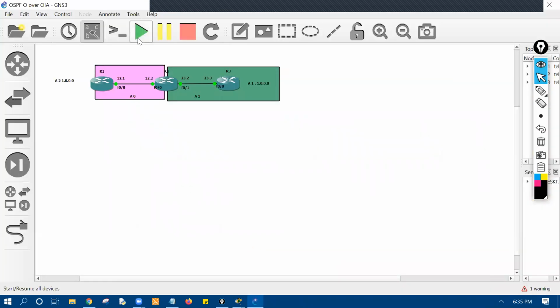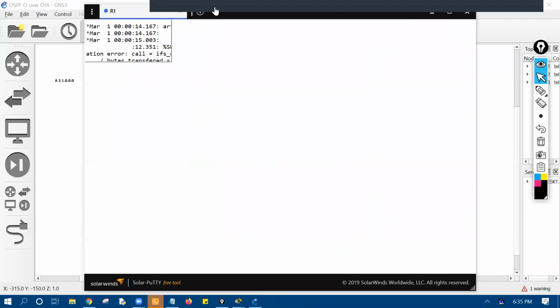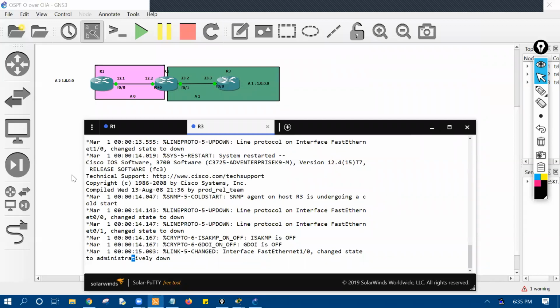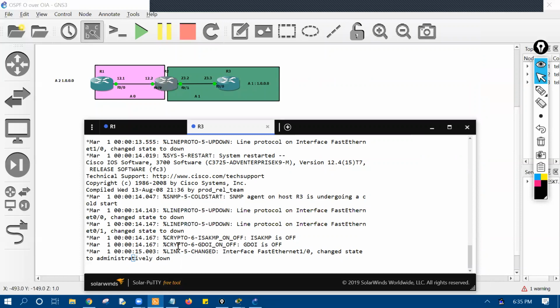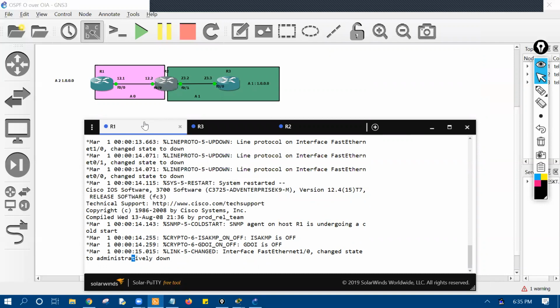let me start the configuration of this. Maybe I gave this task to you, I don't remember whether you did it or not, but I gave this task to you or some other batches, I don't know. Show IP interface brief.